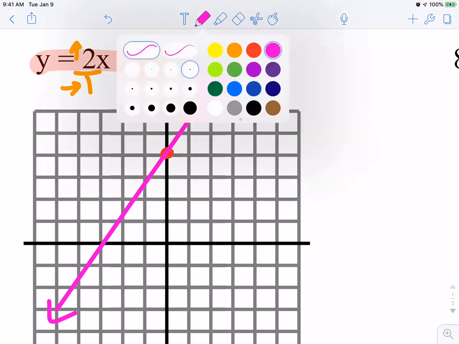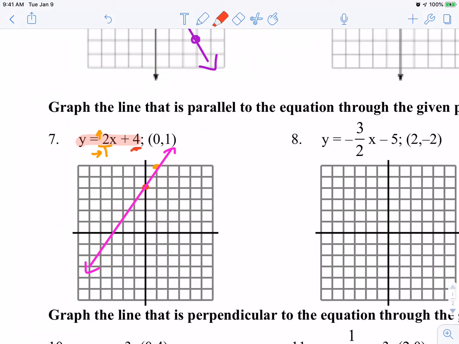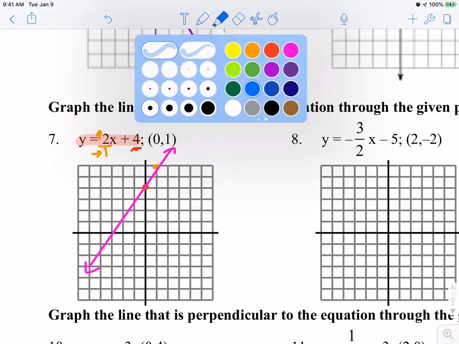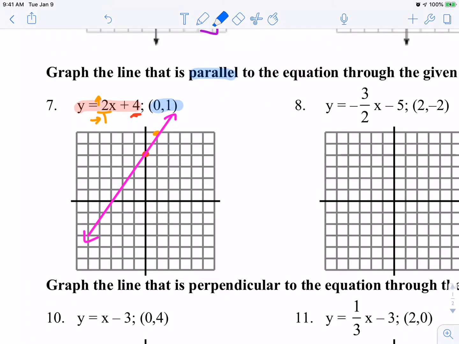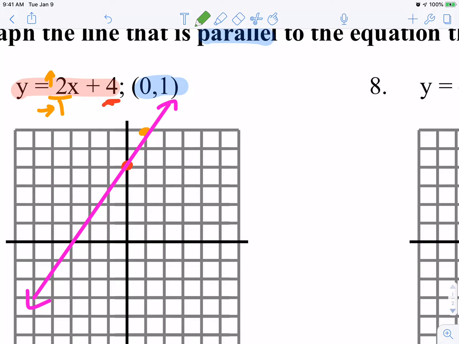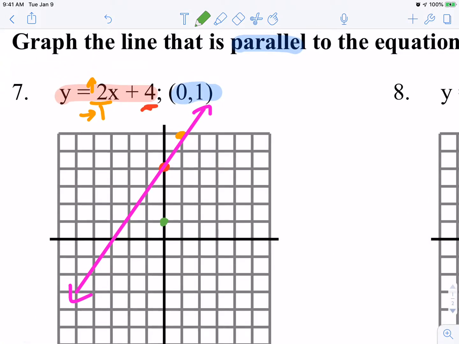Now the trickier part, the second part. I want you to graph a line that's parallel and lands on that point 0, 1. So first I'm going to find 0, 1. It's right there. Now your line needs to be parallel to this.